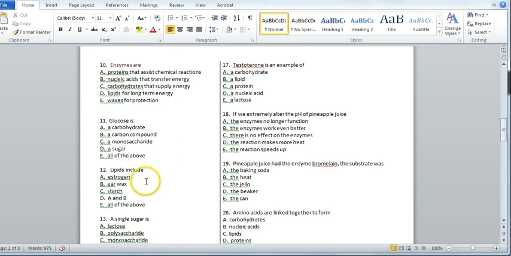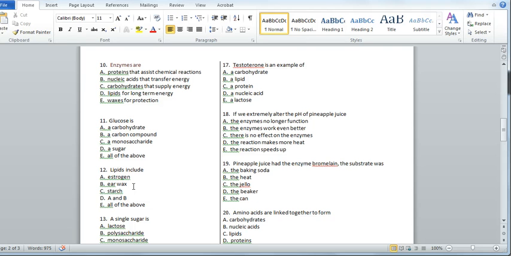As is this one. Lipids include estrogen, earwax, starch, A and B, or all of the above? Tricky question. Tricky, tricky, tricky. I hope you didn't pick all of the above. Starch is not a lipid, but A and B are lipids.